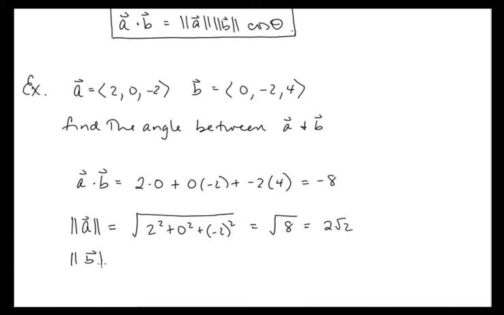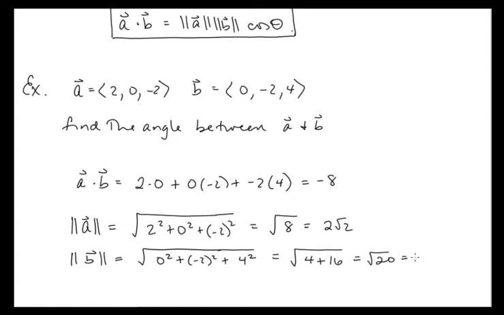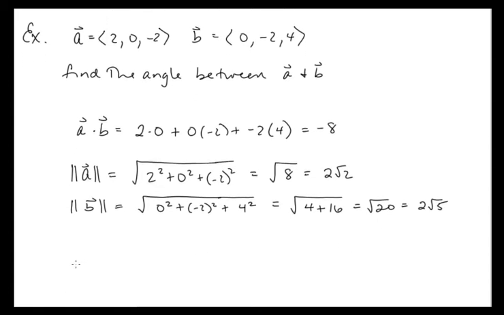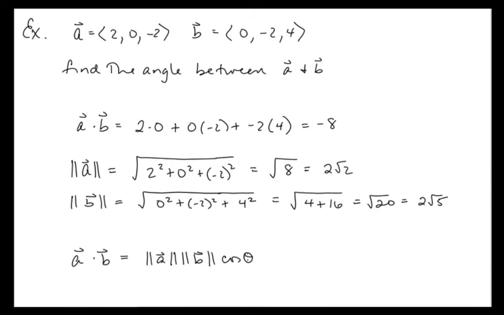Length of B is the square root of 0 squared plus negative 2 squared plus 4 squared. That's radical 20, or 2 radical 5. So we know that A dot B is equal to length of A, length of B, cosine of angle theta.